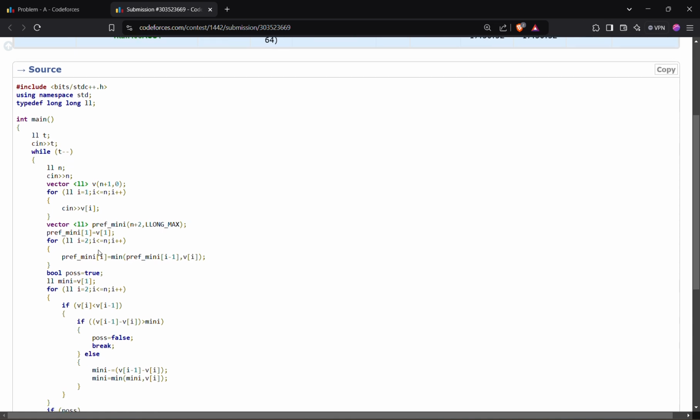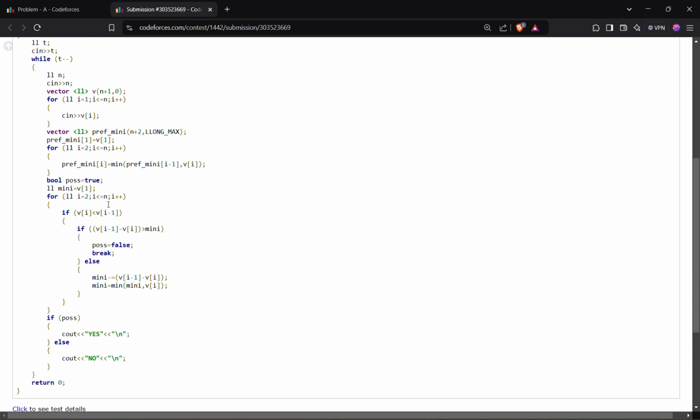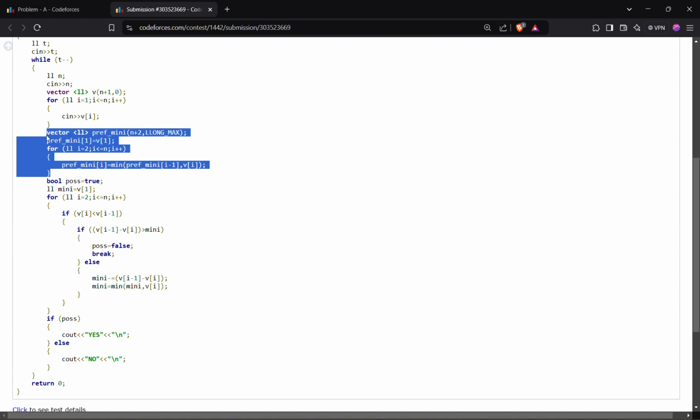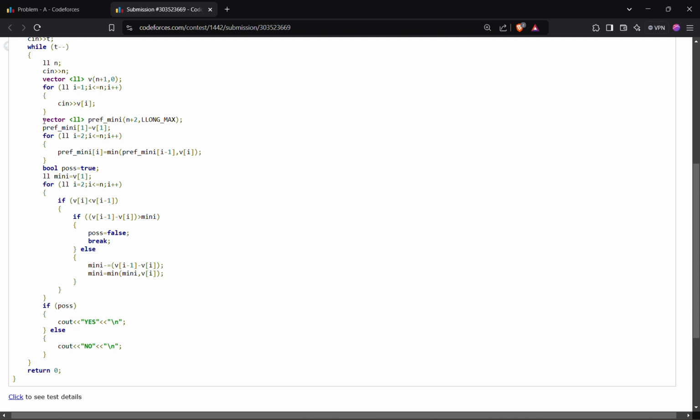So prefix minimum is really not required here. I don't know why I calculated that. It was part of my previous solution, I believe, but that didn't work, I think. So yes, it is not required, you can comment that out.